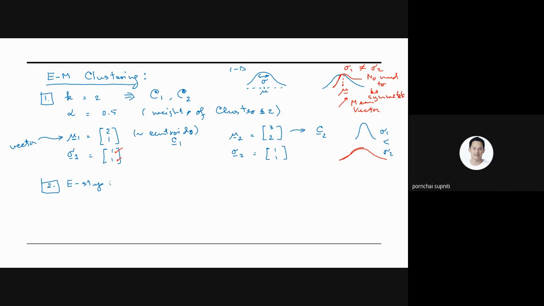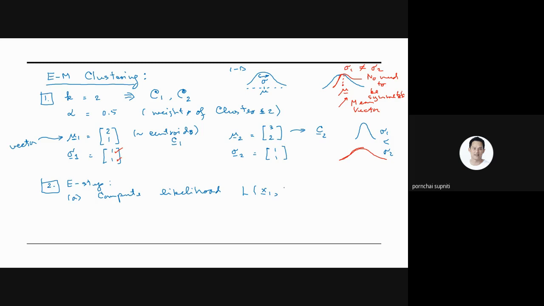But for EM clustering, there are two parts. The first part is that instead of computing distance, we compute what is called likelihood, L of each data point.